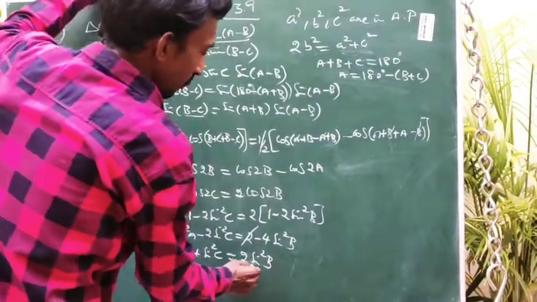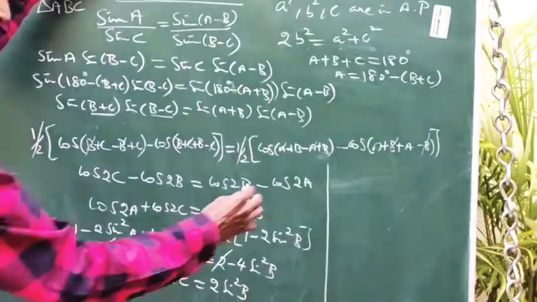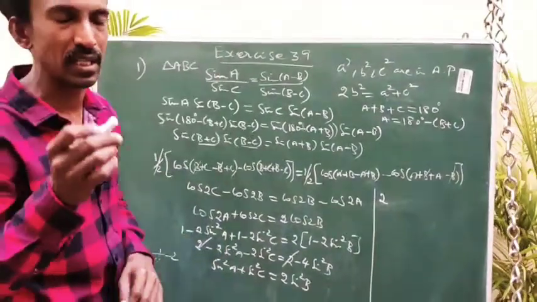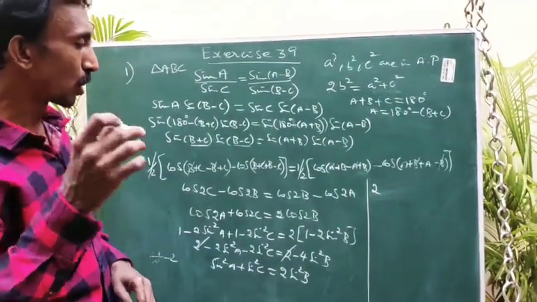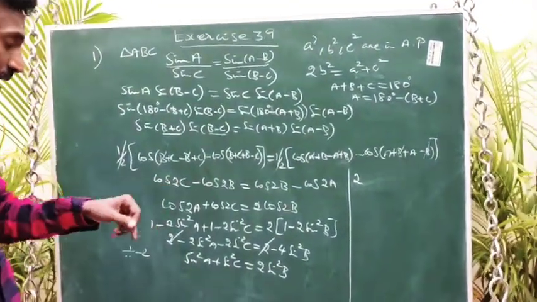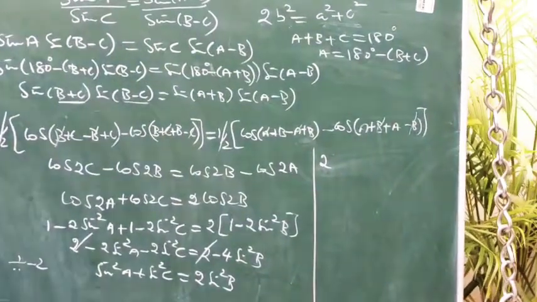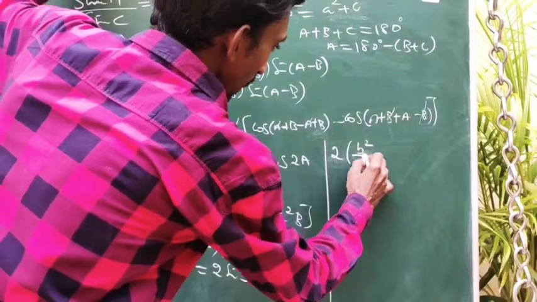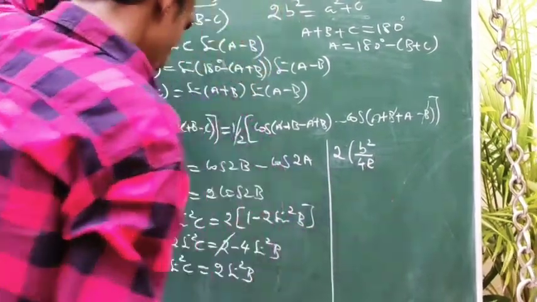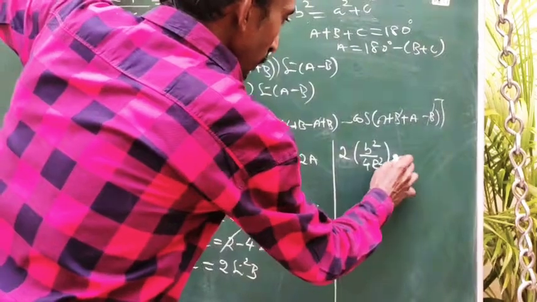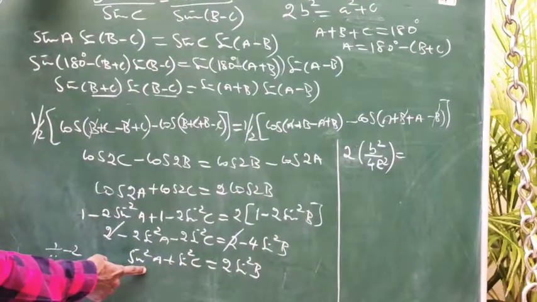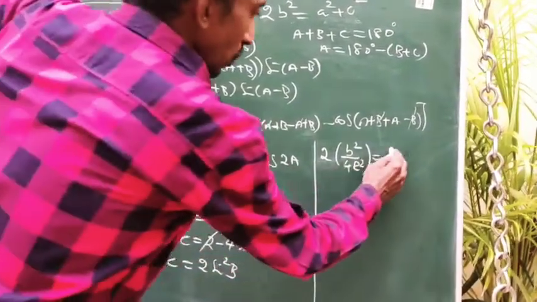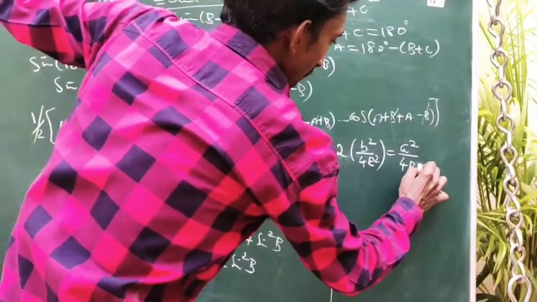I am writing the RHS first. We know that the sine formula is a by sin A equal to b by sin B equal to c by sin C equal to 2R. Therefore, sin B is b by 2R. So (b by 2R) the whole square, b square by 4R square, equal to sin square A. That means sin A is a by 2R, the whole square, so a square by 4R square.